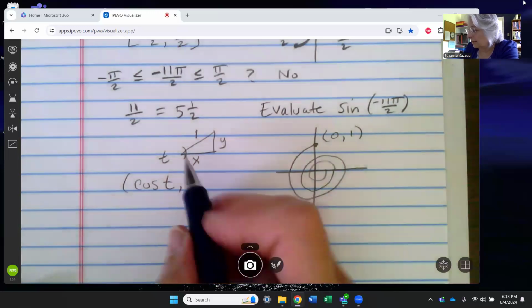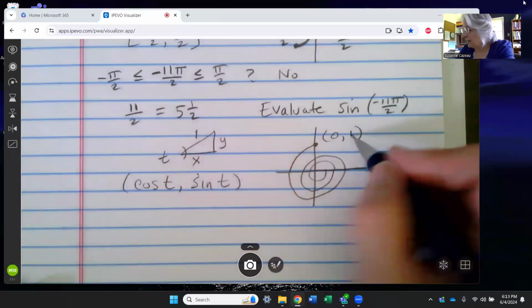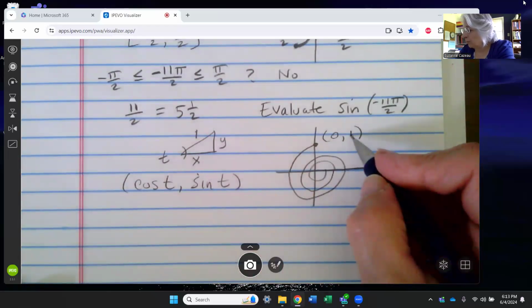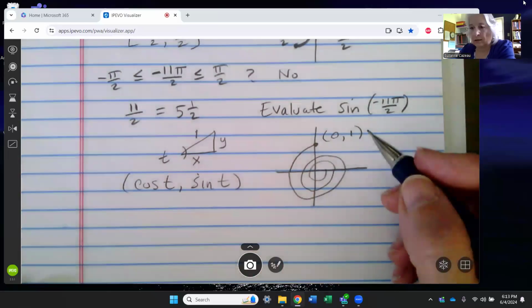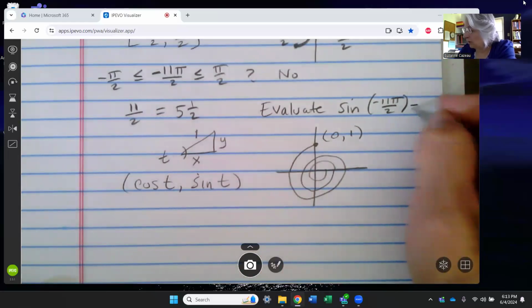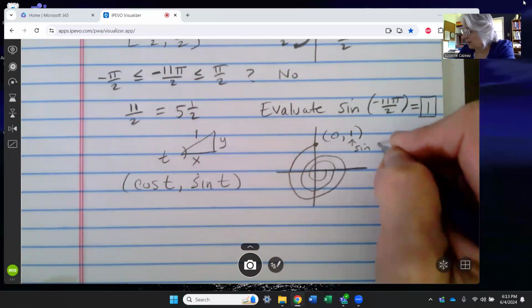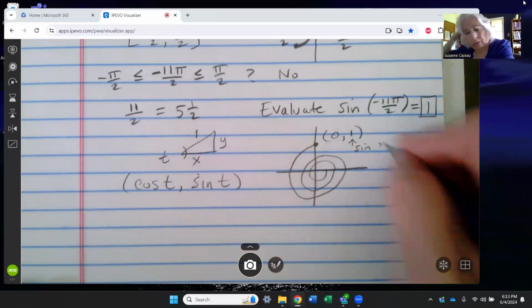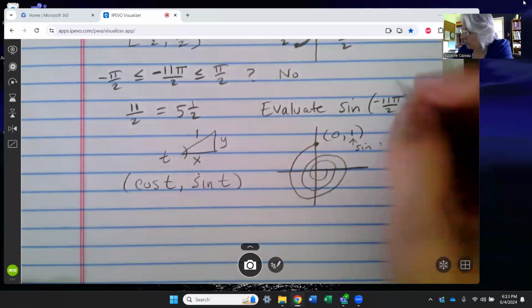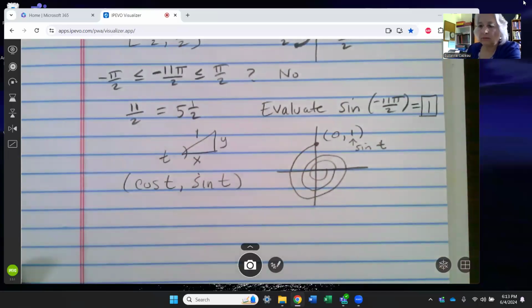And then this is the sine. So the sine is the Y value, which is 1. That's it, it's 1. So this equals 1. Because this is the sine of 90 degrees or pi over 2 or whatever you like. The sine of t is 1.